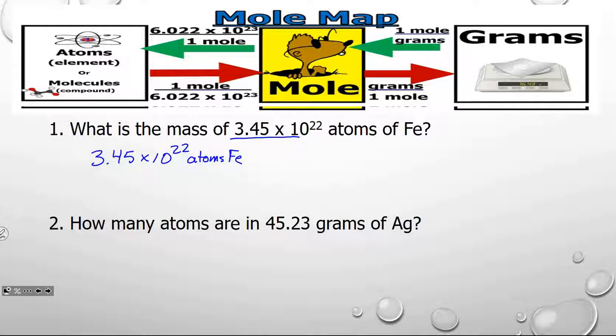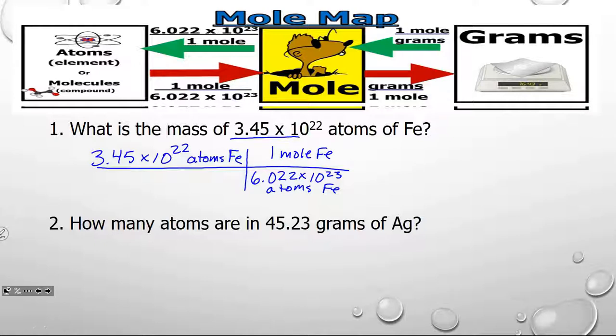The difference between an atom and a molecule is an atom is just an element and a molecule is a compound. Okay? We're going to then take it from here following the red, and we're going to divide by Avogadro's number, 6.022 times 10 to the 23rd atoms of Fe in 1 mole of Fe.